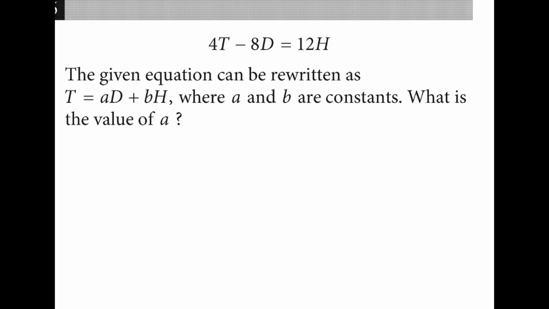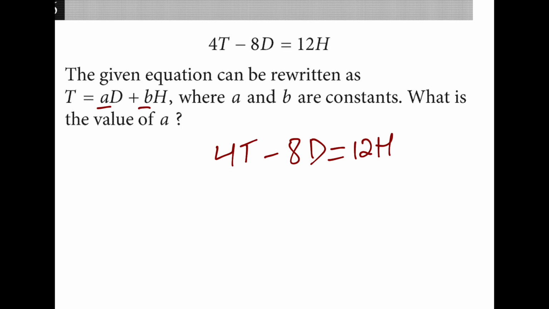For this one, they rewrote the equation, t equals something, and they want to know what are these values. So let's look at the original. 4t minus 8d is equal to 12h.